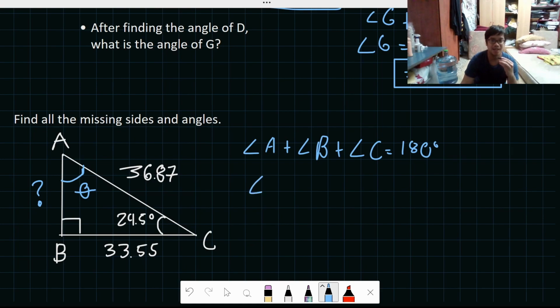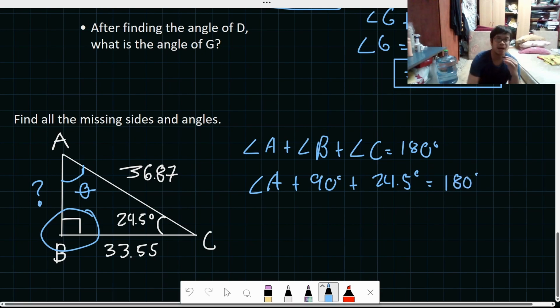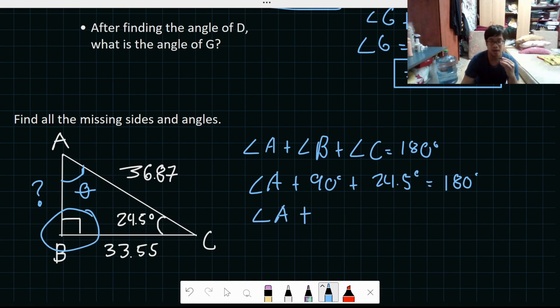Now, angle A is not given. Angle B, however, is given, which is 90 degrees. It's here. Then for angle C, we have 24.5 degrees. So with that, we can find our angle A easily, because angle A is the only variable in this equation as the missing one.